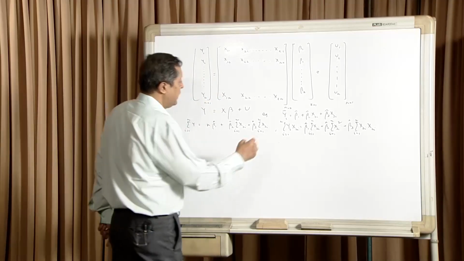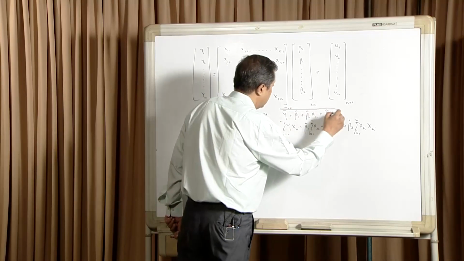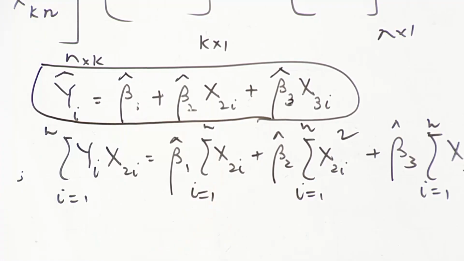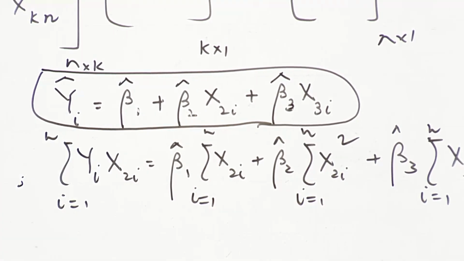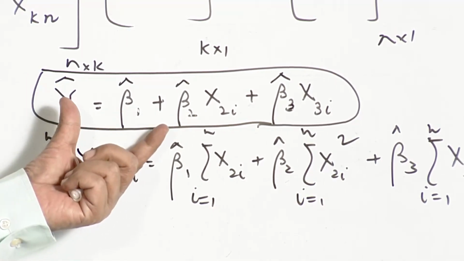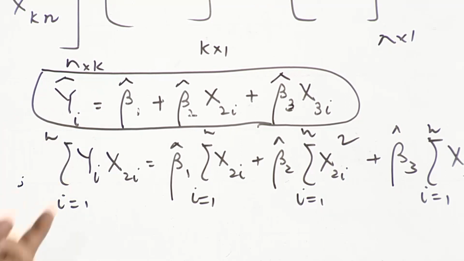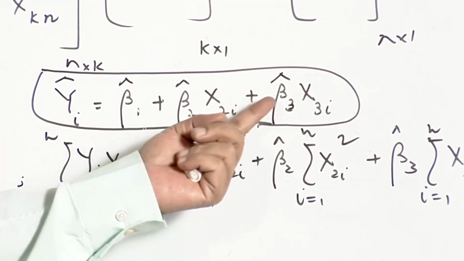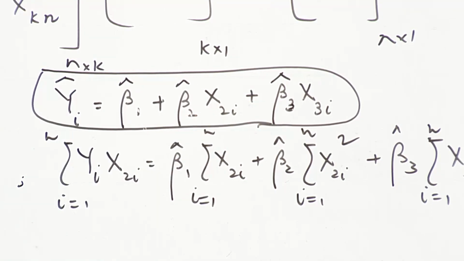So, starting from the basic idea of the estimated equation, we have to get 3 conditions in order to get these 3: beta 1 hat, beta 2 hat, beta 3 hat. How do we get these 3?